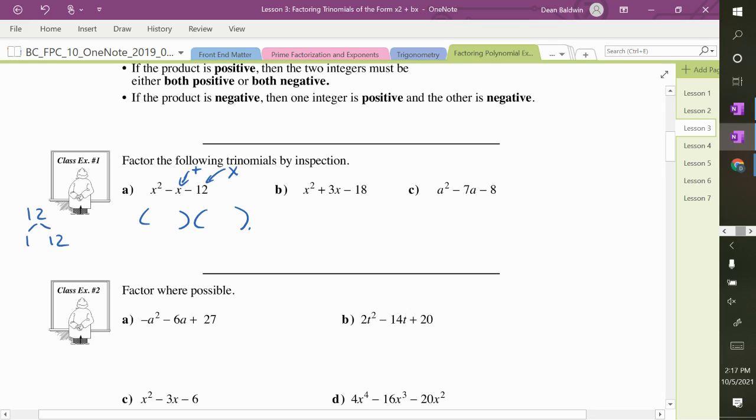Is that going to work? 2 and 6. Is that going to work? 3 and 4. Is that going to work? Which one has to be negative? The 4, right? Because they have to add to negative 1. So it'd be 3 and negative 4. So then you just go x plus 3, x minus 4.